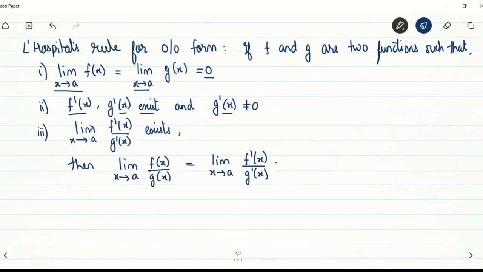The third condition is that the limit as x tends to a of f dash of x divided by g dash of x exists. Then we can say that the limit as x tends to a of f of x upon g of x is equal to the limit as x tends to a of f dash of x upon g dash of x. By using this L'Hospital's rule, we will solve certain examples of limits which are of the indeterminate forms.